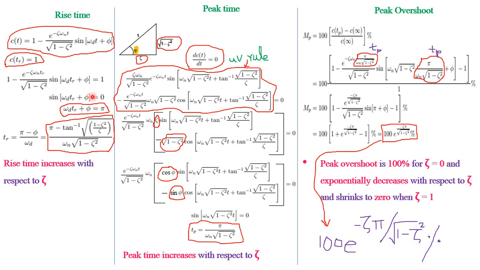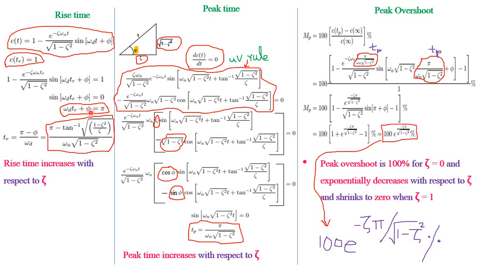Sin of omega d t r plus phi is 0. Sin of something can be 0 provided that something is equal to n pi. Since we are taking the first time, omega d t r plus phi is equal to pi, we take n equal to 1.